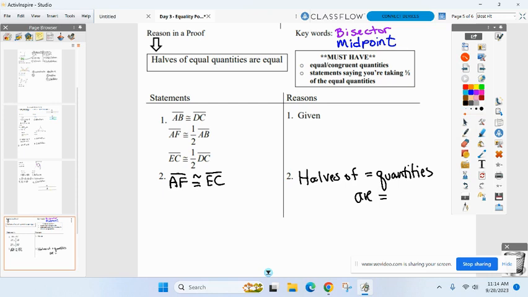Because, again, let me review slower. You're taking half of 2 segments, which we already knew were equal. So their halves, whatever the new name we called them, have to be equal to each other.